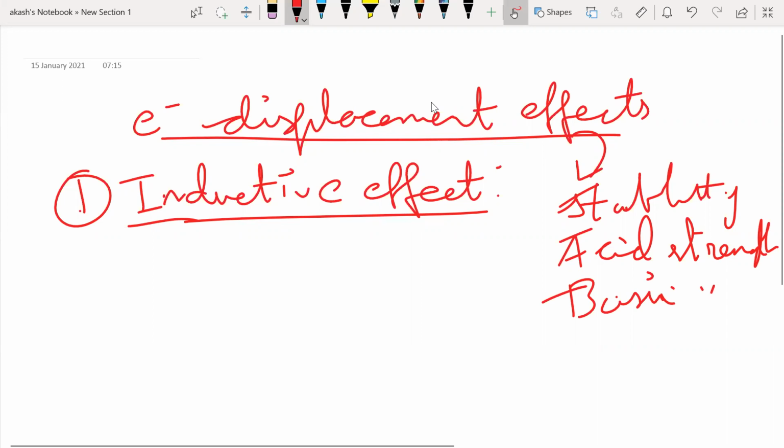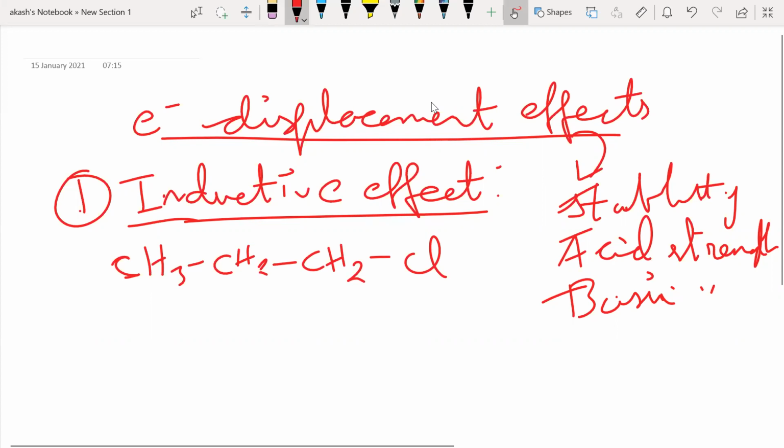What do you mean by this inductive effect? For us to understand this, we'll directly go for an example, people. Say I have CH3, CH2, one more CH2, and a chlorine atom.